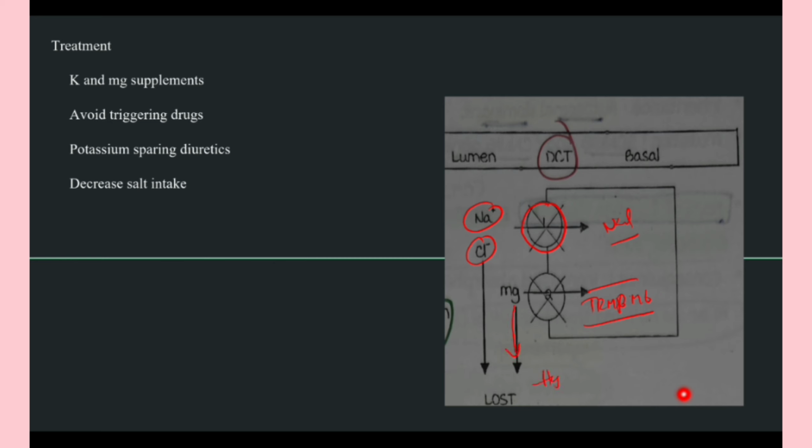So hypomagnesemia is present. The serum magnesium levels will be low. Treatment options are the same as Bartter syndrome: potassium and magnesium supplements, and avoid triggering drugs like thiazides. We can use potassium sparing diuretics and decrease salt intake.